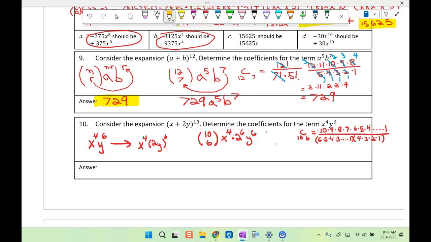Now, all 6 of these are going to cancel out those 6.